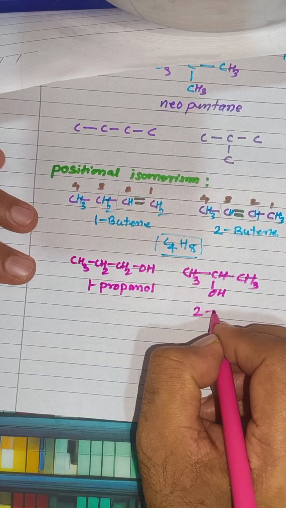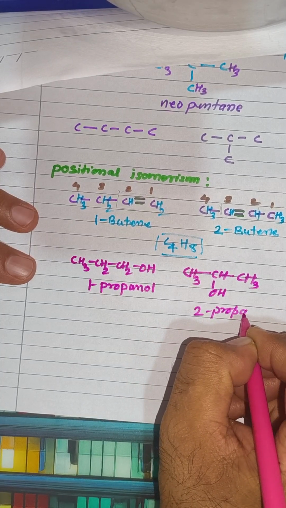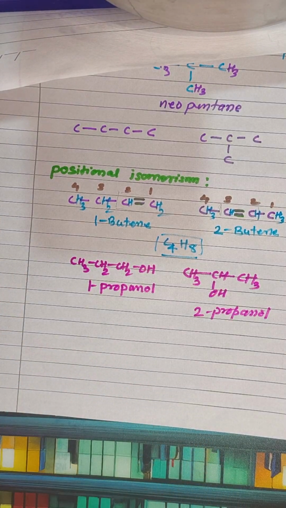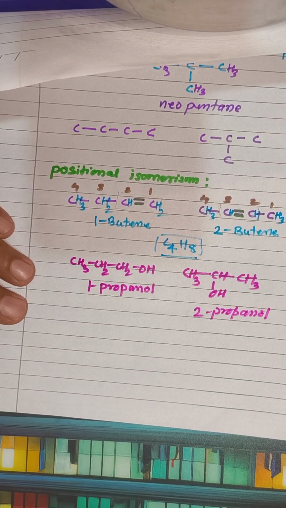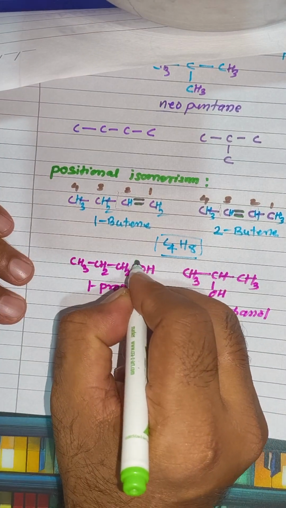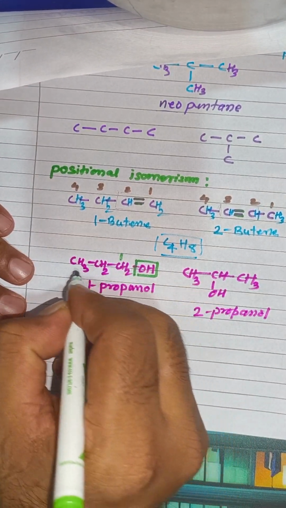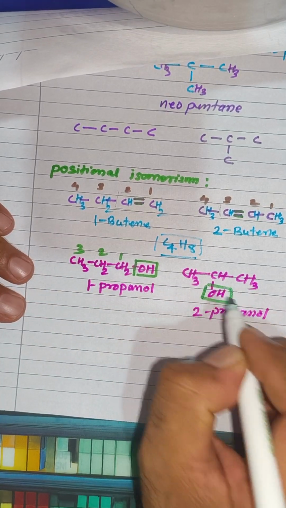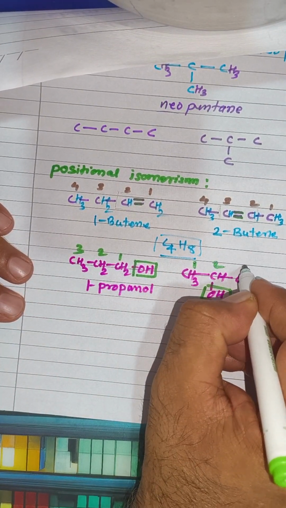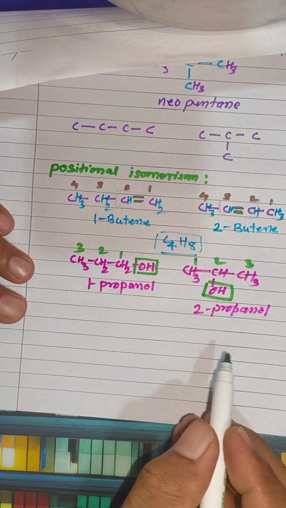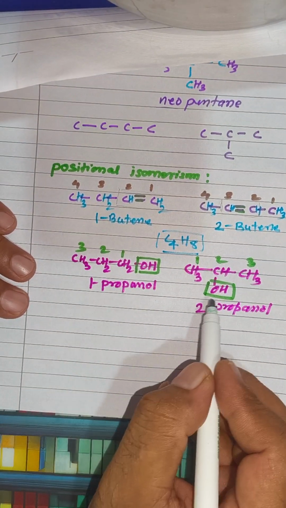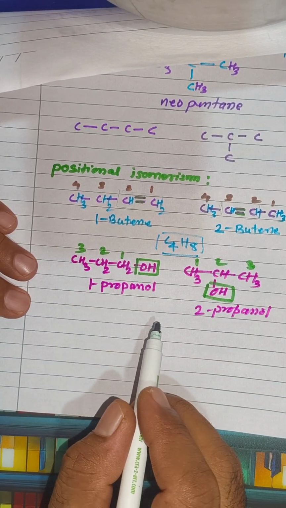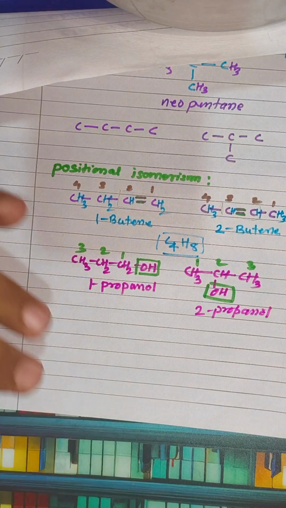This is 2-propanol. What is the difference? The hydroxyl group is present at carbon number 1 in one, and on carbon number 2 in the other. The position of the functional group differs, so this isomerism is called positional isomerism.